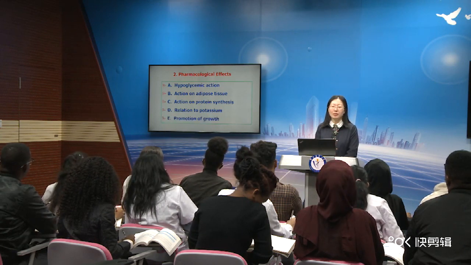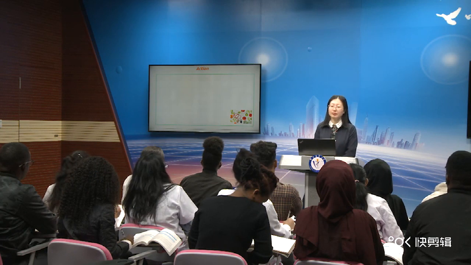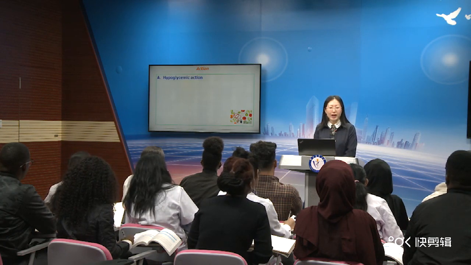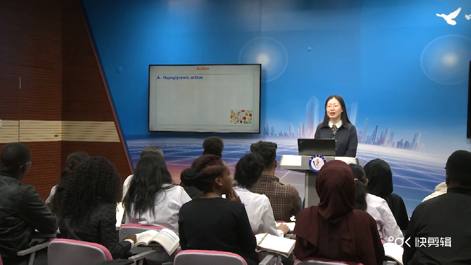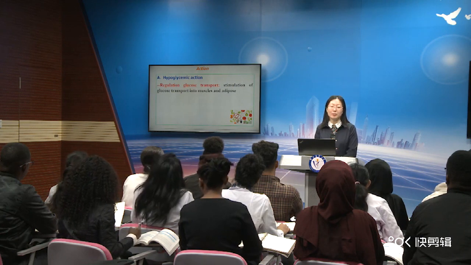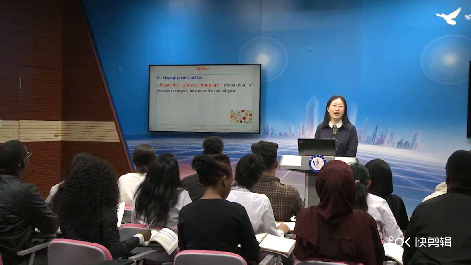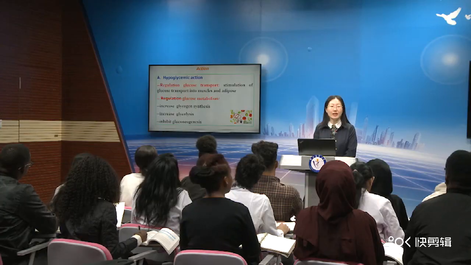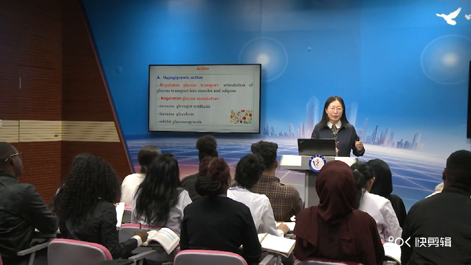The first pharmacological effect, reduce glucose level, hypoglycemic action. Insulin can regulate glucose transport, stimulating glucose transport into muscles and adipose tissue. Through these pathways: the first one, increase glycogen synthesis and reduce blood glucose.